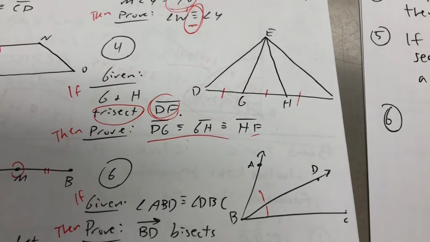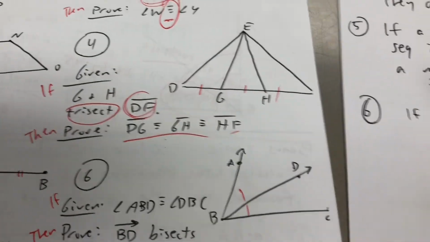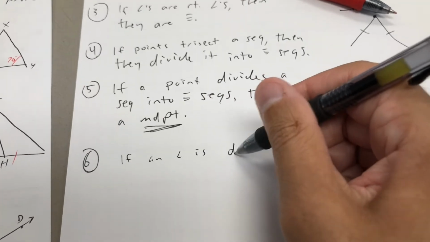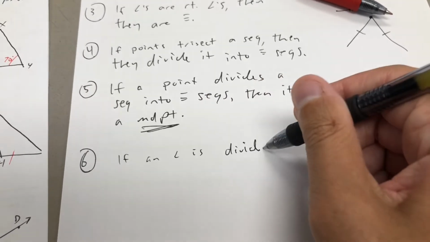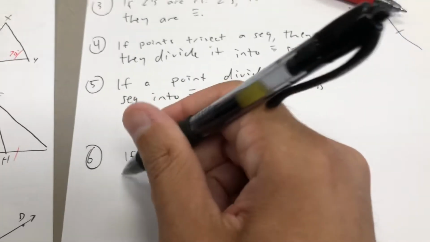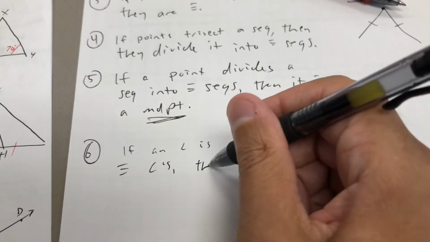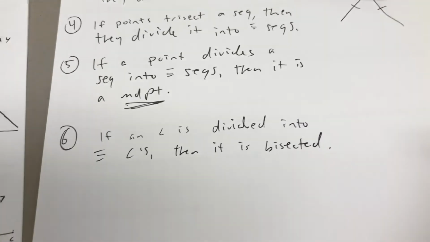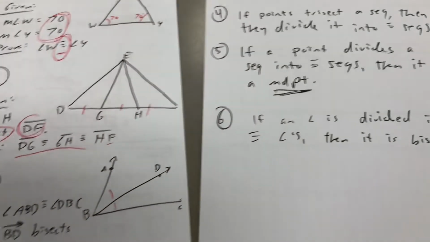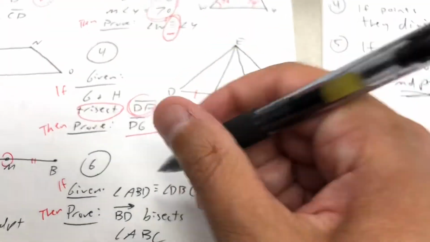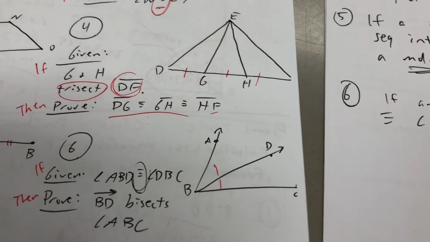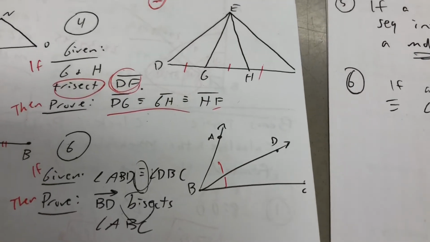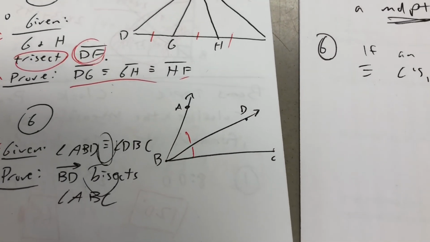So I think I'll just word that as if an angle is divided into congruent angles, then it is bisected. Short and sweet, to the point, okay? So again, your if part should match the kind of thing that you're told. So we've got our congruent statement there. And then our then statement should say something about the vocab that's there, which in this case is bisecting. And that's what we've got.